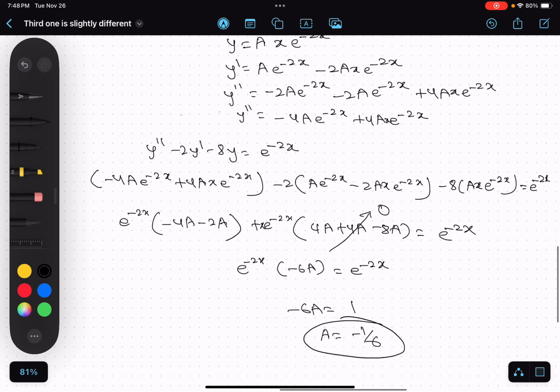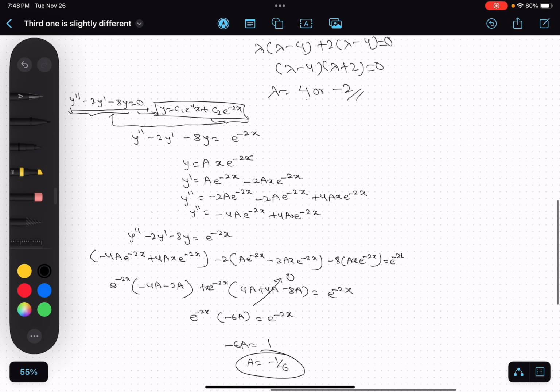So if you have y equals minus 1 by 6 x e to the power minus 2x, this operation will just give you e to the power minus 2x, right? So this is a particular solution to this differential equation.